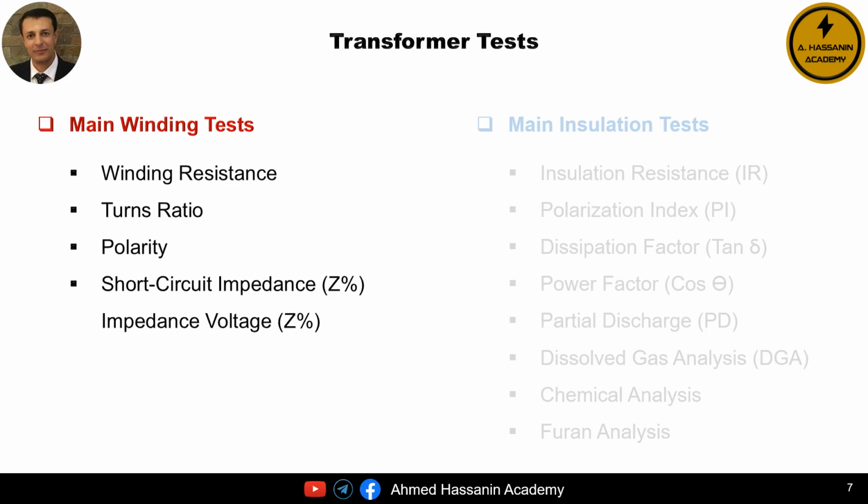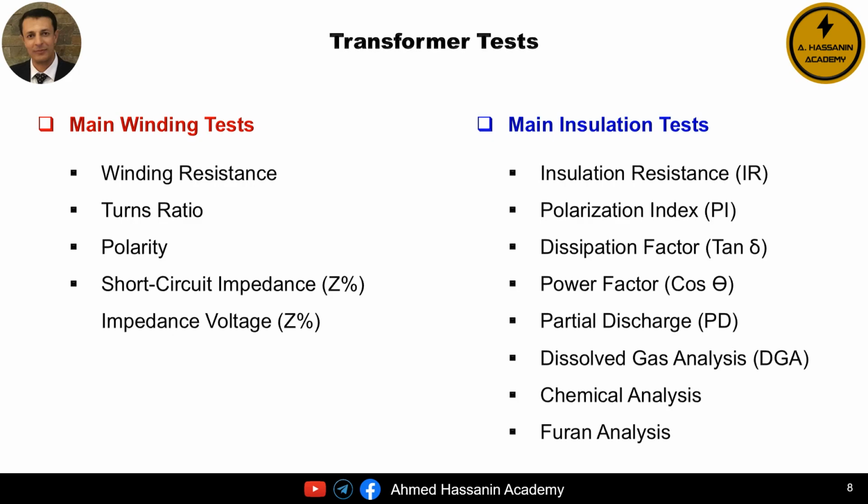This is, of course, due to the transformer being subjected to mechanical stresses caused by high short-circuit currents, for example. Also, through these tests, any broken connection, short circuit between windings, or insulation damage of these windings can be detected.